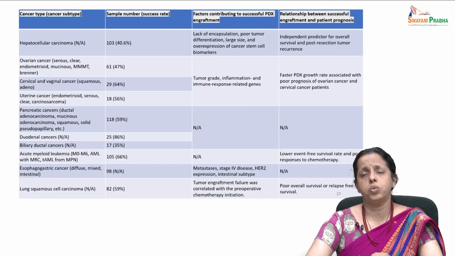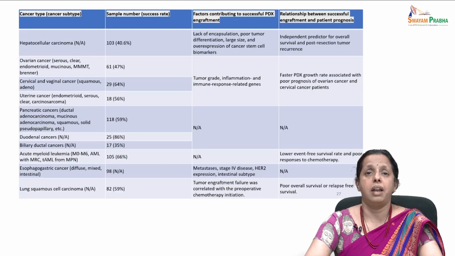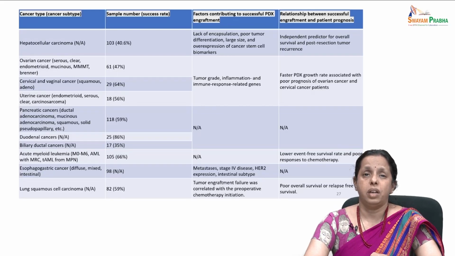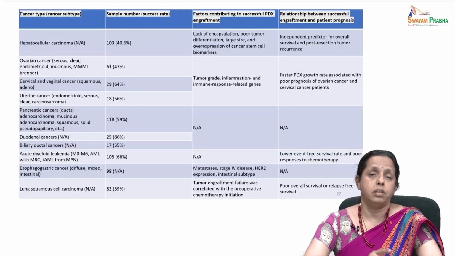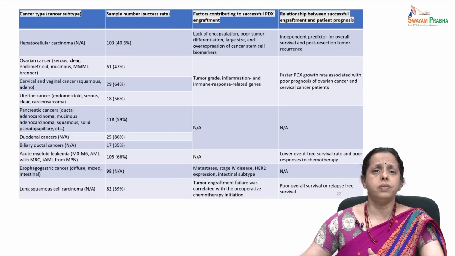And it is like, as I mentioned before, the sooner the tumor establishes in the animal, the more aggressive it could be. So, it is likely that they may not respond to the anti-cancer therapy which the patient is taking. And this gives the picture for other tumors as well.